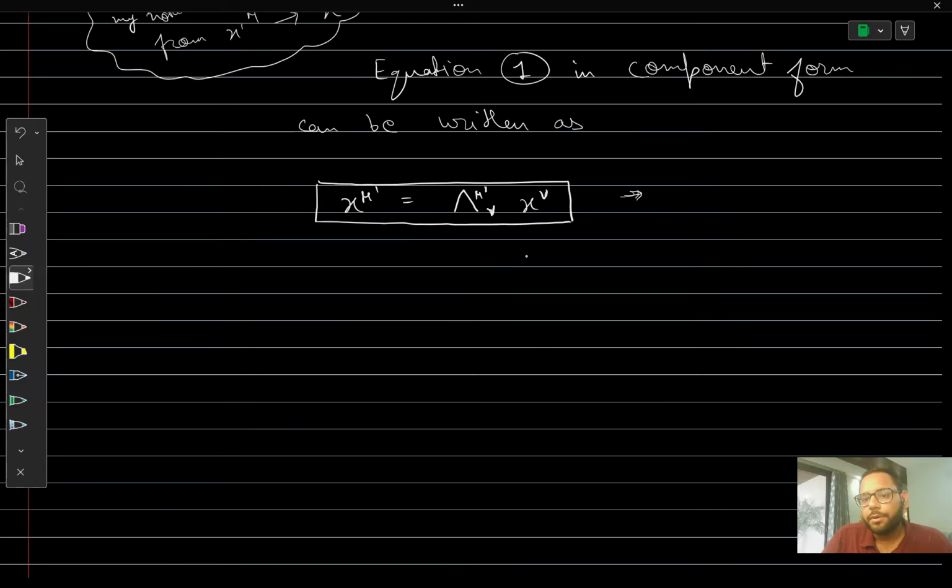So in short, these are Lorentz transformations in tensor form, or tensor indices form. This is a compact form of Lorentz transformations.